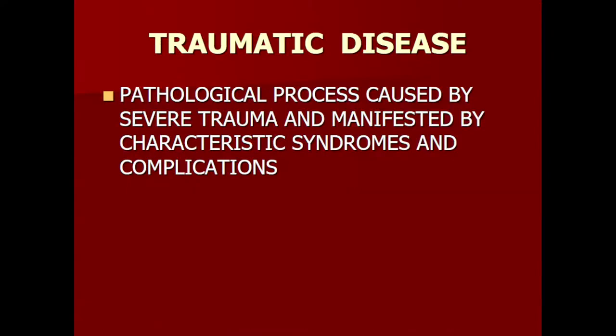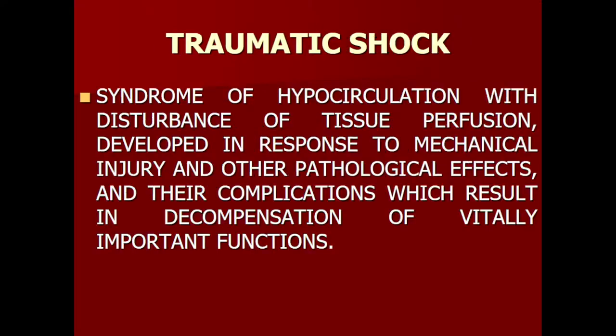Traumatic disease. If a patient has polytrauma, traumatic disease obligatorily starts. It's a pathological process caused by severe trauma and manifested by characteristic syndromes and complications. First, obligatory: if a patient has traumatic disease, traumatic shock starts. There are many definitions of traumatic shock, either very short or very long, many pages.